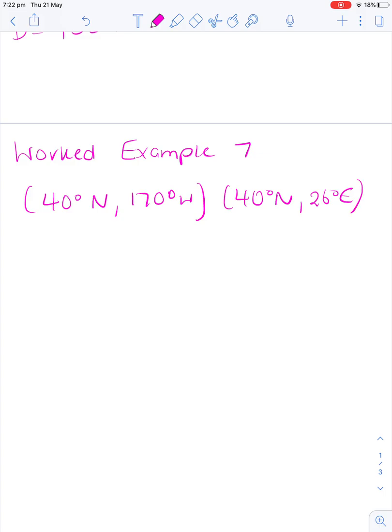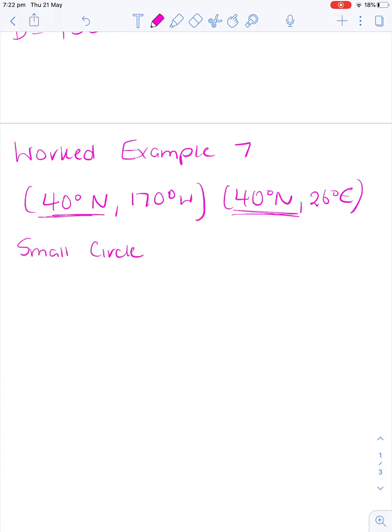All right, now we're going to do the same thing again, but the only difference is if you're looking at your two coordinates here, okay, if they are both exactly the same, so when I say that, I mean if they both have the exact same number and they're both on the same side of the equator, okay, that means it's a small circle.